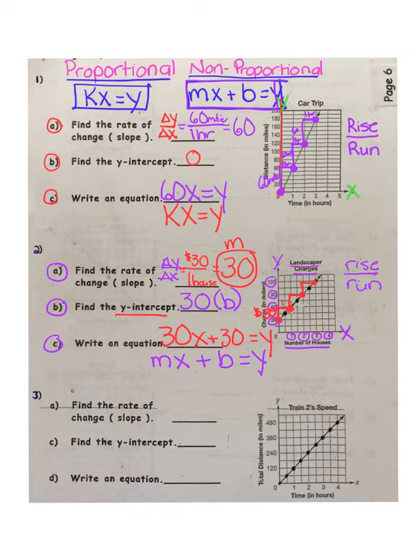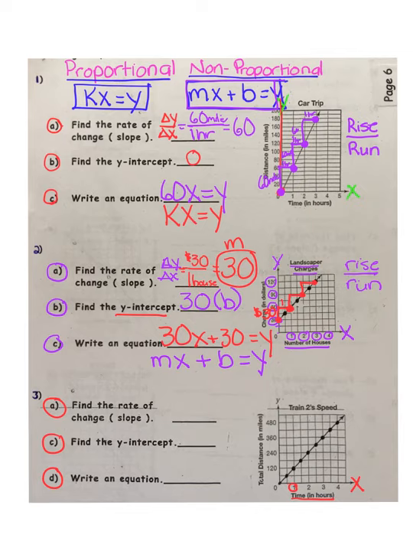Now, take a look at our equation on the bottom. You're going to complete this one on your own. Pause the video, and when you're ready to check it, turn the video back on. You're going to find the slope, the y-intercept, and write the equation. Well, very quickly, across the bottom, x is time in hours, and 1 hour is 2 blocks wide.